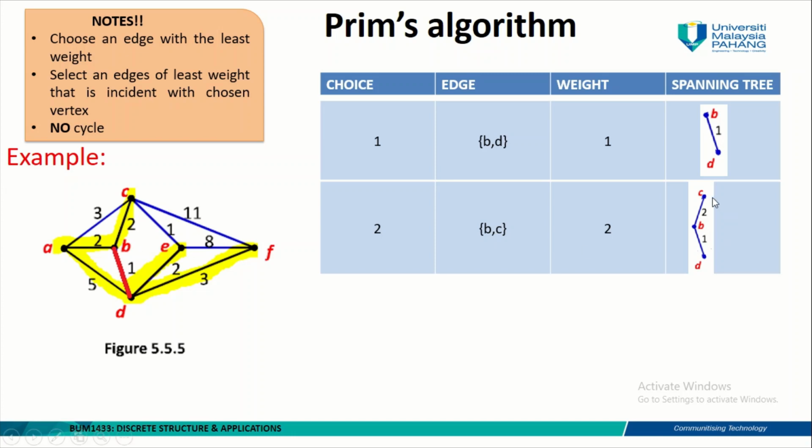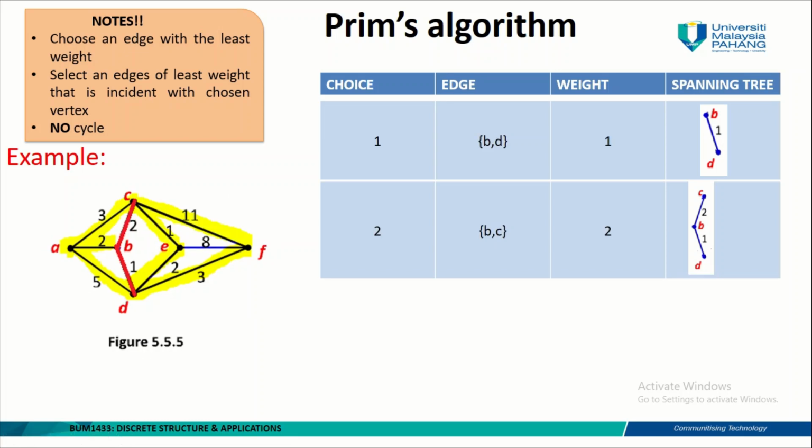This does not create a cycle, so it's okay. For the next edge that we want to choose, we also need to consider the edges incident with vertex C. Vertex C is incident with vertices A, E and F. We also need to consider the previous incident edges.